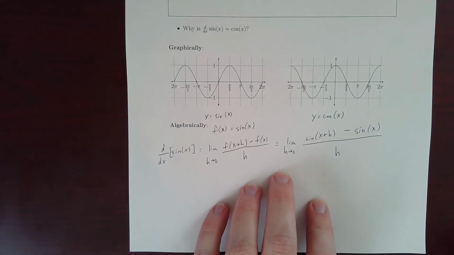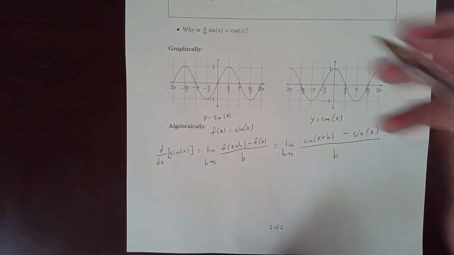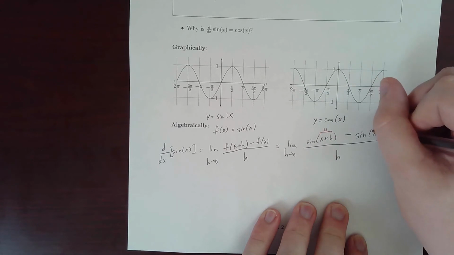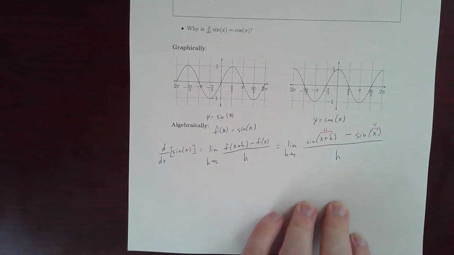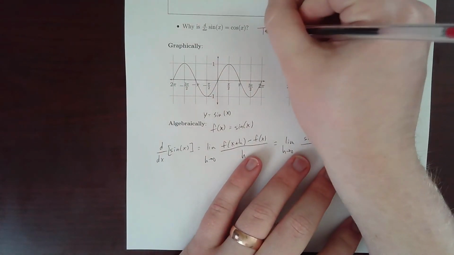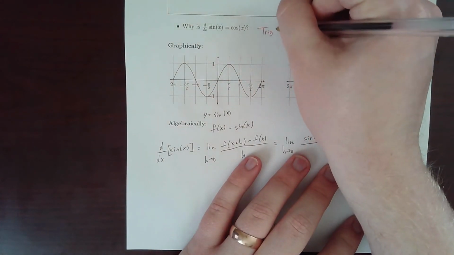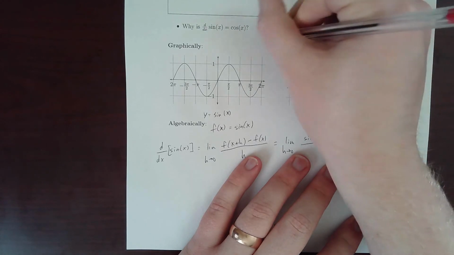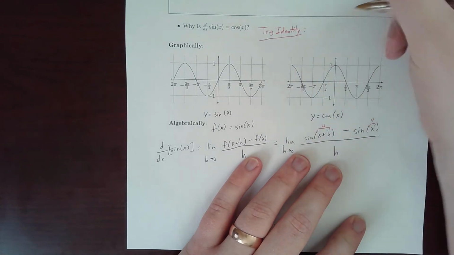Now there is a trig identity that gets used here. So if we consider this to be our angle u and this to be our angle v, there's a trig identity we get to use. If you don't remember these trig identities, do not worry, you're not being tested on them.